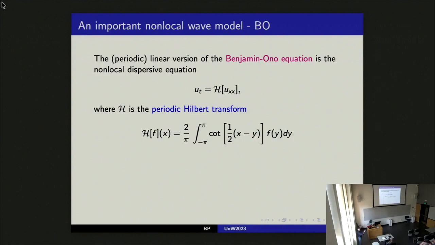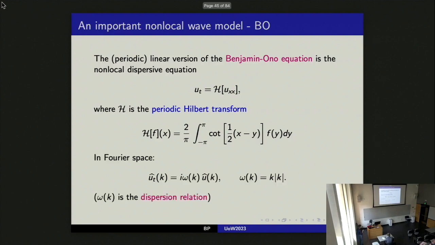H is the Hilbert transform, but in the periodic setting, the Hilbert transform kernel is just a cotangent kernel. And in Fourier space, the dispersion relation is just k mod k. It was on the previous slide as well. So it's not a polynomial because of that, but it's not that far away.